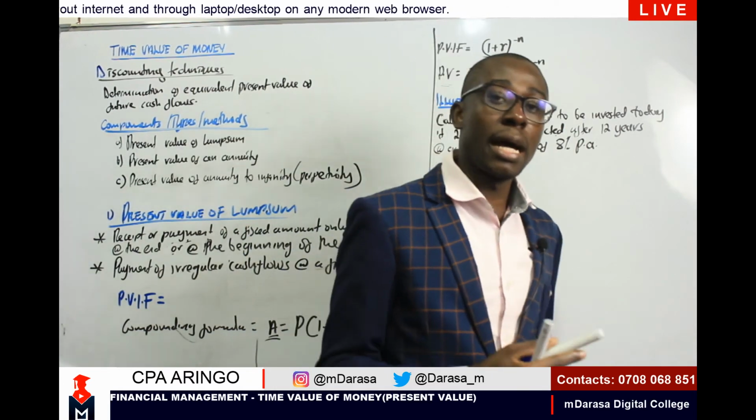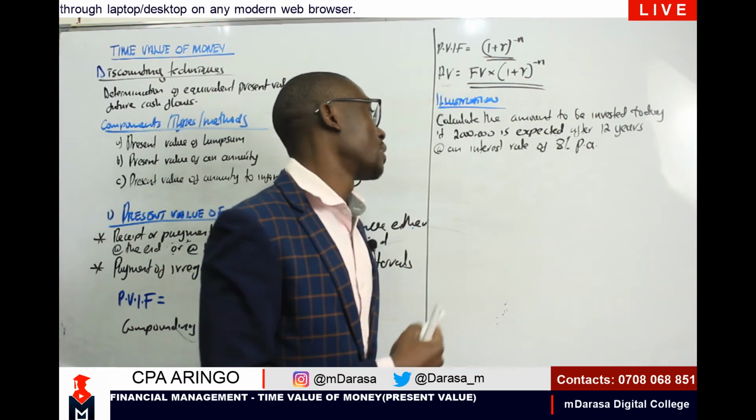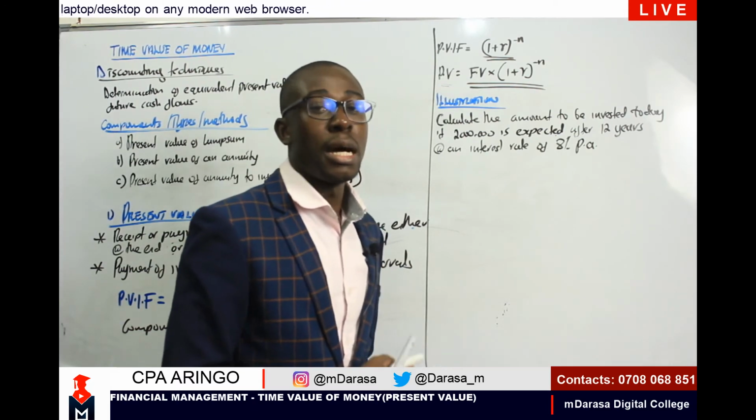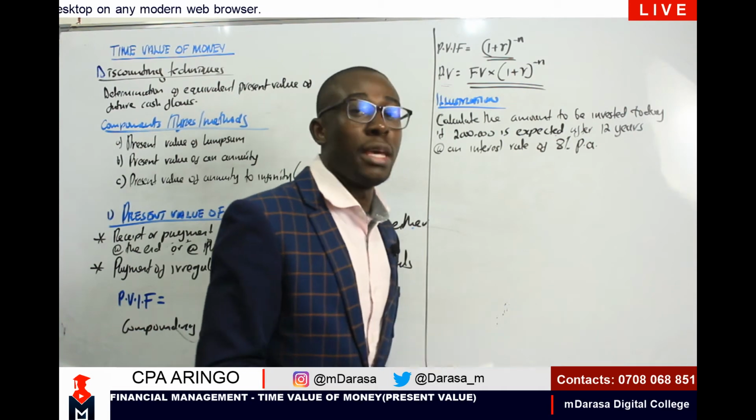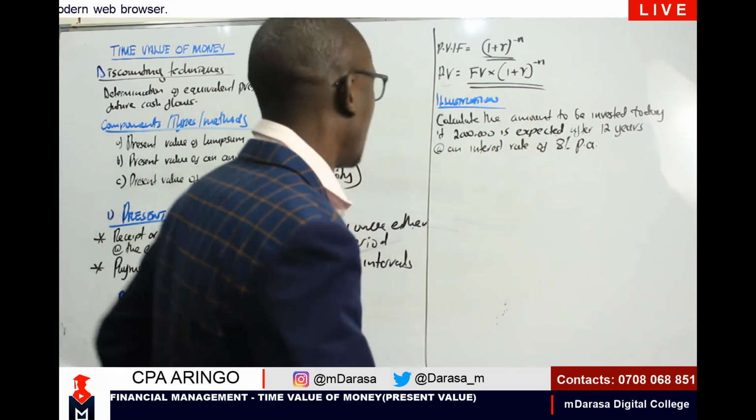If we are expecting 2 million after 12 years at an interest rate of 8% per annum.